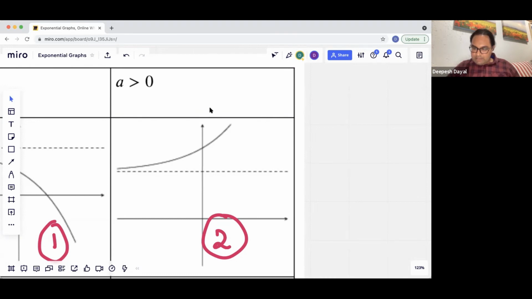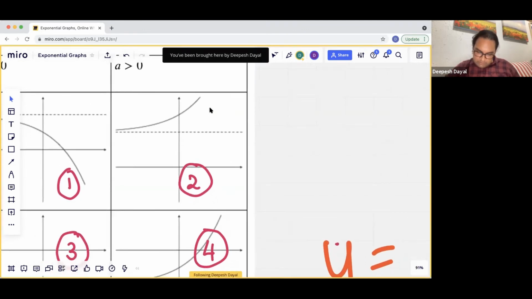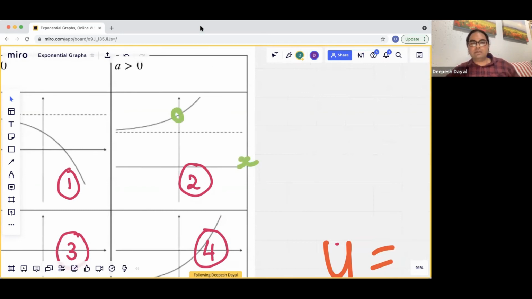It doesn't go through the x, it only touches the y, see? Because the x is at the bottom here, right? So some graphs have no x. When we try and solve for x, there's no x, so just remember that.